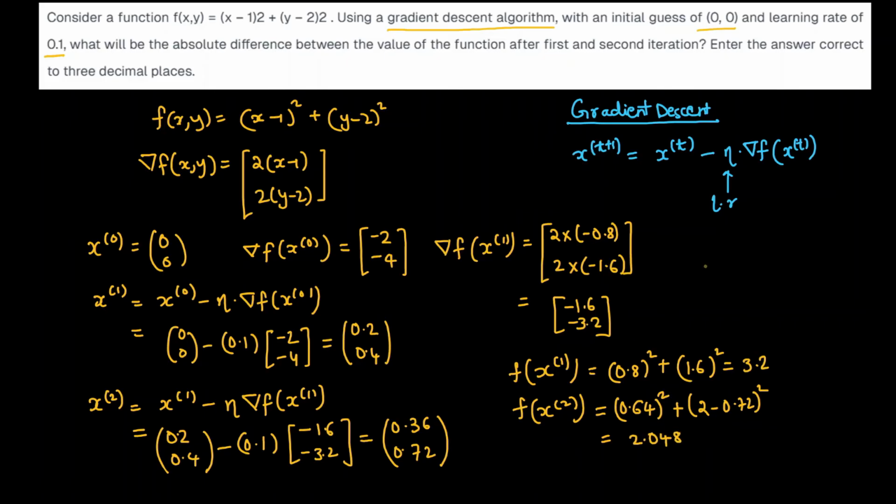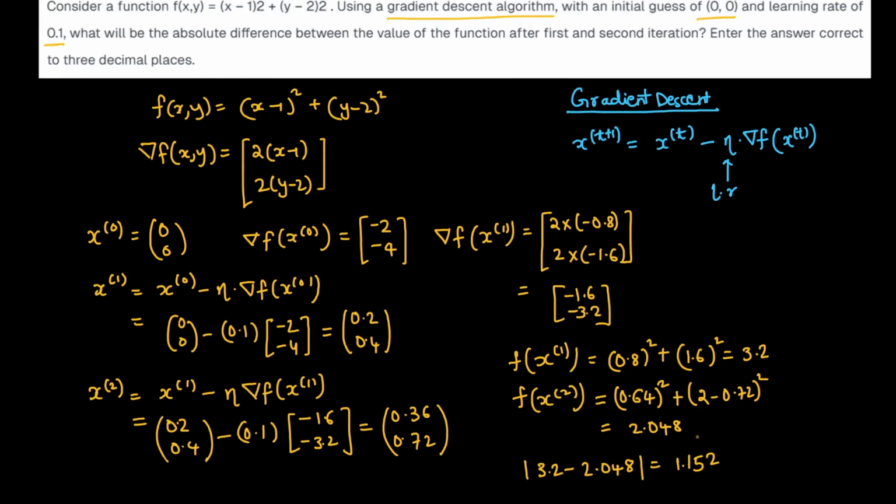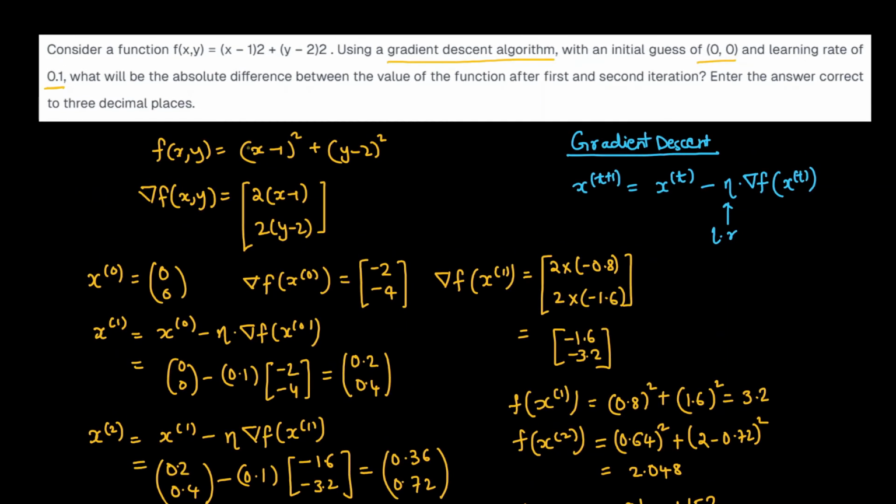Now the question asks for the absolute difference between f(x1) and f(x2), right? So that will be nothing but the modulus of 3.2 minus 2.048, which is equal to 1.152. So the answer is 1.152.